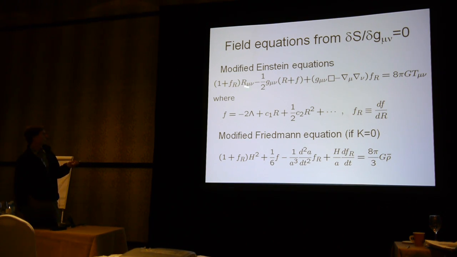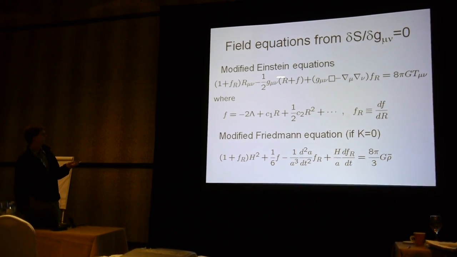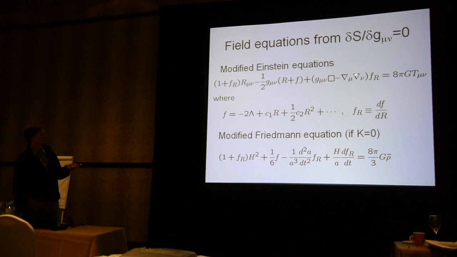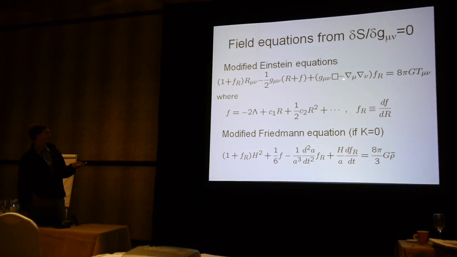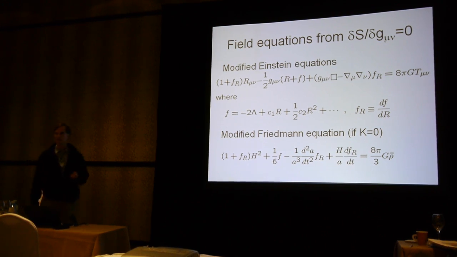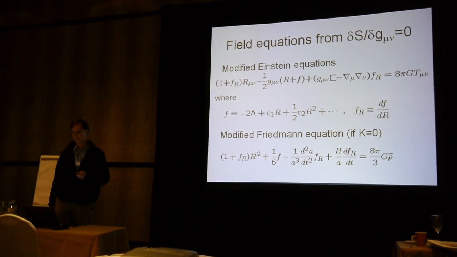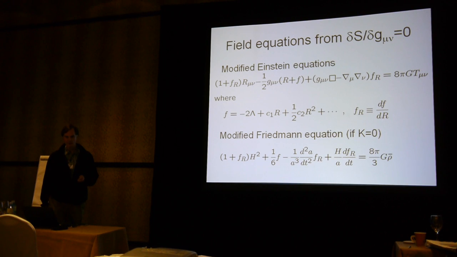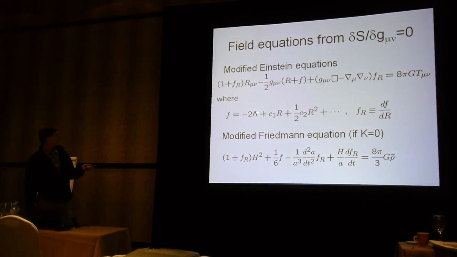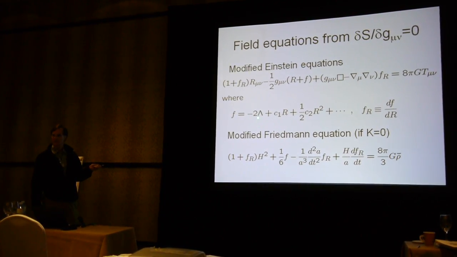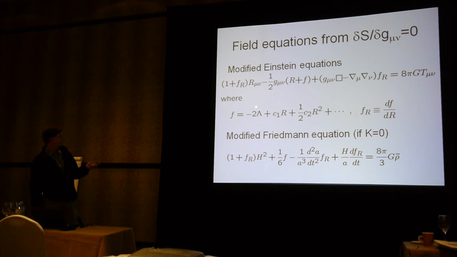The first two terms are, in essence, a kind of small modification of general relativity. This third term is actually quite important because it brings derivatives. This is a wave operator, and additional derivatives acting on some function of the Ricci scalar. What is that function? Well, if it's a constant, the function is just minus twice the cosmological constant.